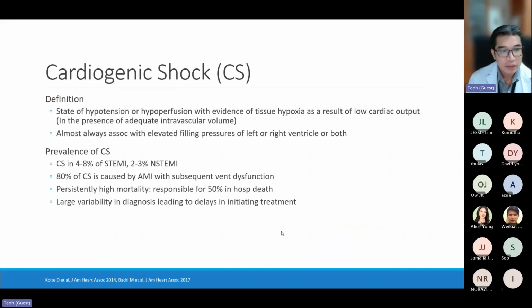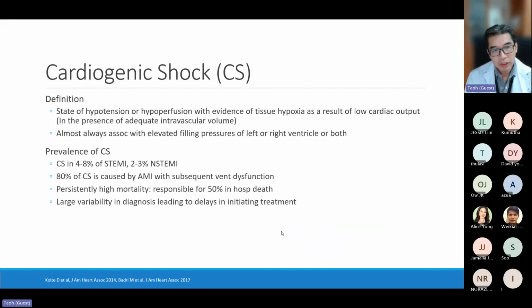Cardiogenic shock will present in 4 to 8% of STEMI, 2 to 3% of non-STEMI. And 80% of cardiogenic shock caused by acute MI usually is due to ventricular dysfunction.